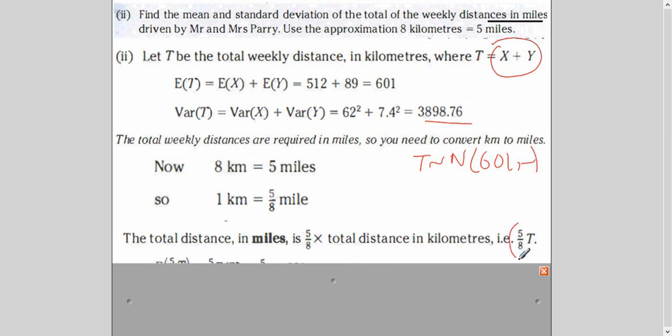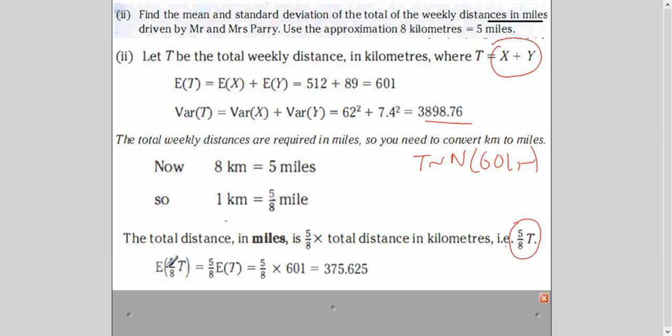So you got this function, 5/8 of t. Makes sense? Because you have to find out everything in terms of miles. So in this question, this was hidden information and you had to calculate it. Now you can easily calculate the mean and variance of this, because the question is asking for mean and standard deviation. Once we have the variance, we will take the square root of it.